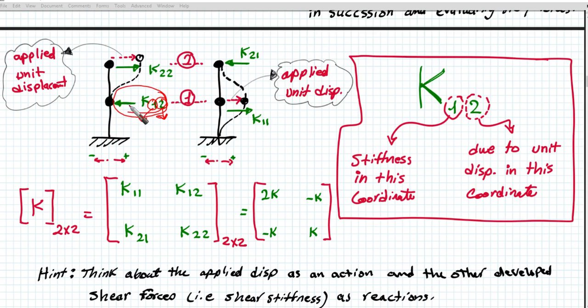From equilibrium, we need the green arrow at coordinate 1 to be in the negative direction, I mean directing to the left. This means that Q12 should equal exactly negative K, because it is heading to the left, and the magnitude is K.